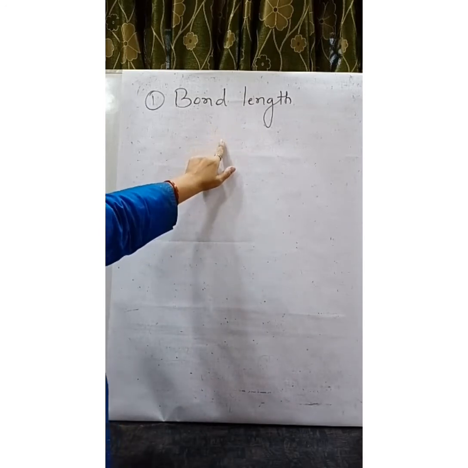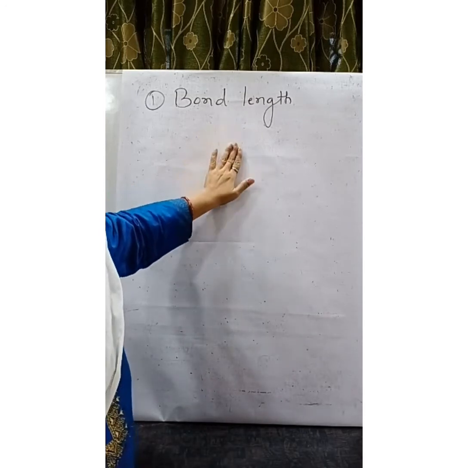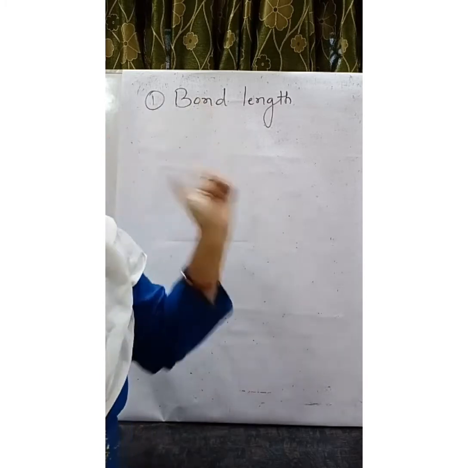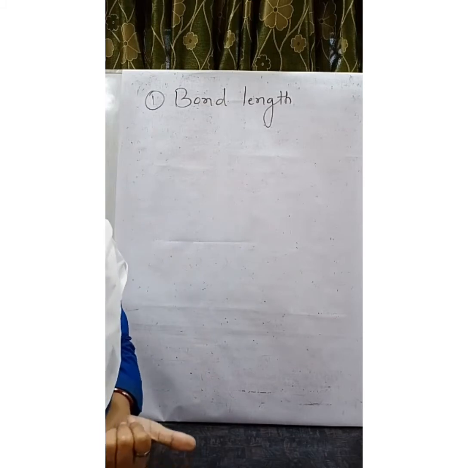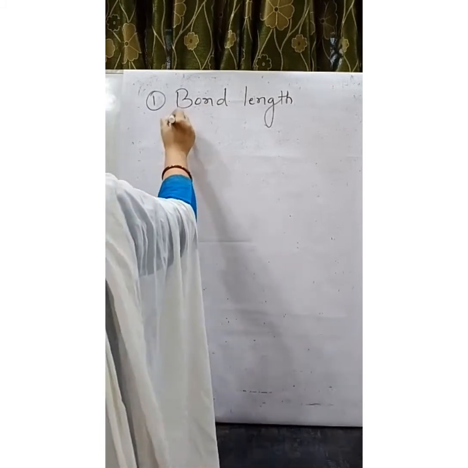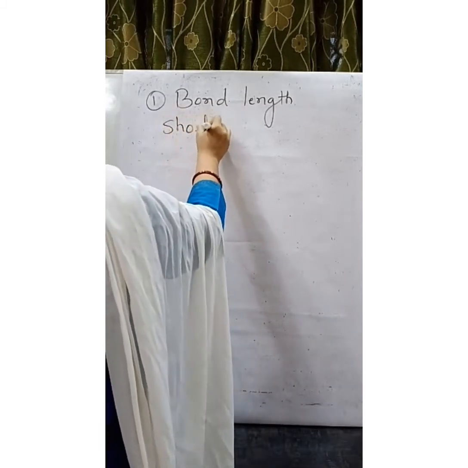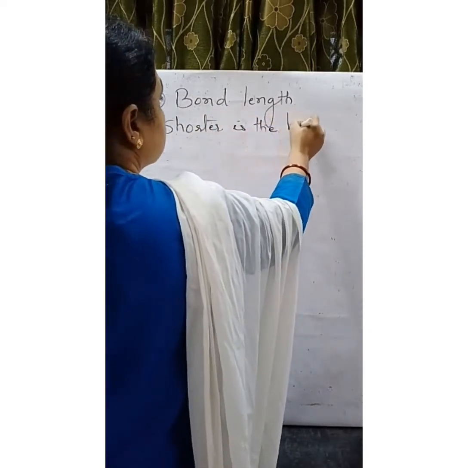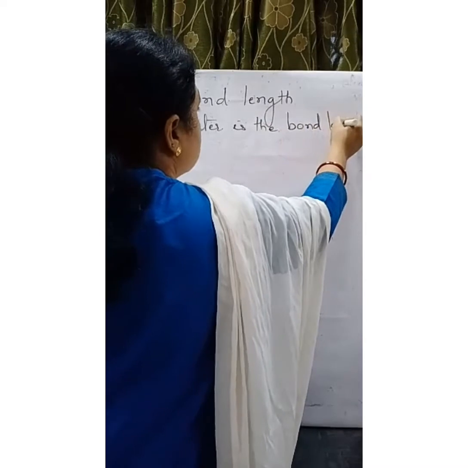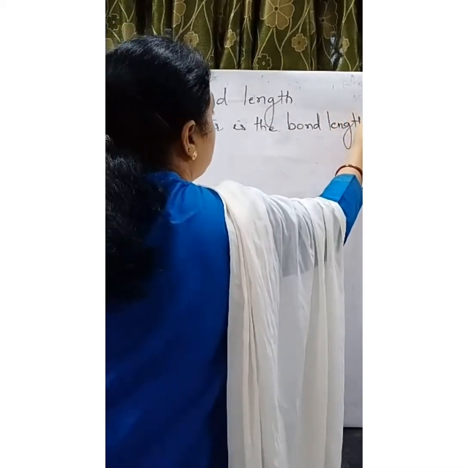This bond length is determined experimentally using X-ray diffraction techniques or spectroscopic techniques. Shorter is the bond length, stronger is the covalent bond.